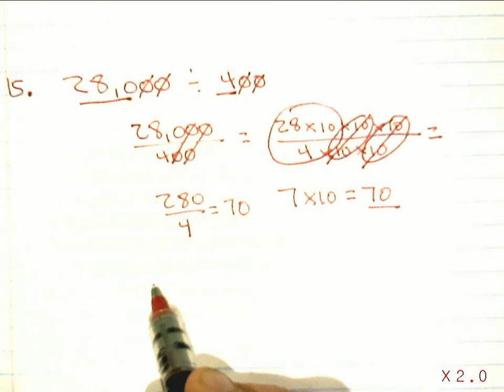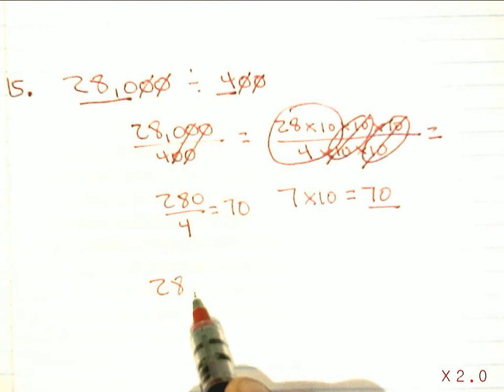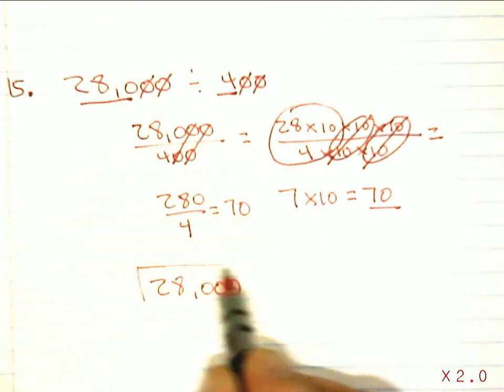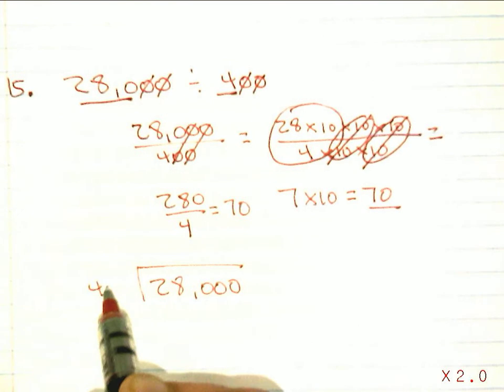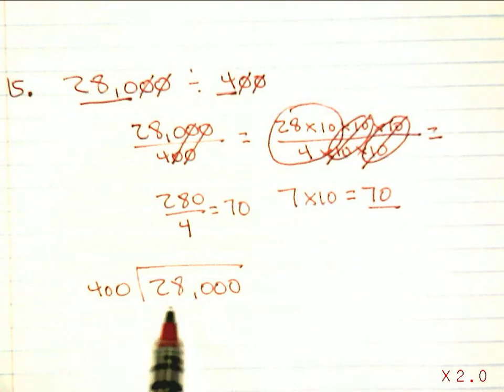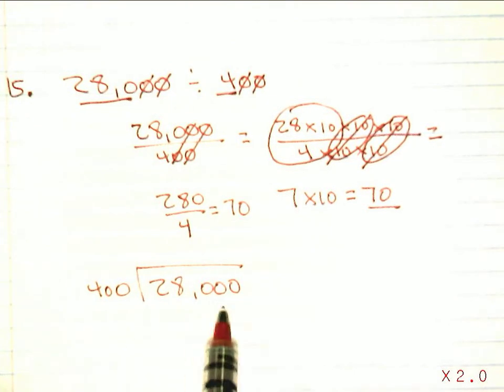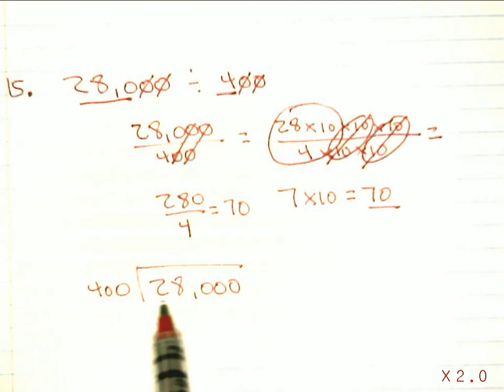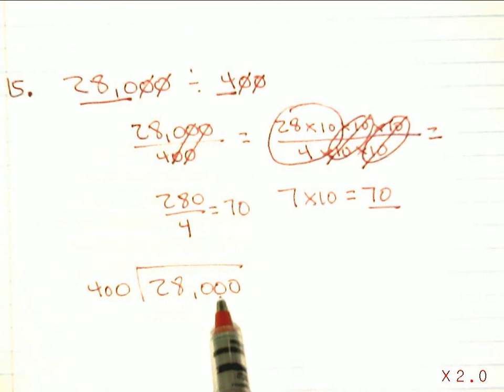I often see students try to set this problem up like this and write it out like this, and then start to try to figure out how many 400s there are in this problem. And really you could do it this way and go all the way to, well, it doesn't go into 28, doesn't go into 280, it goes into that, but the question is how many times.